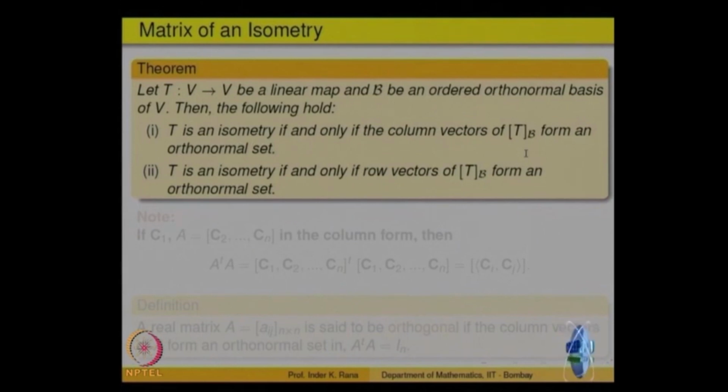Here, if the starting basis is orthonormal and T is an isometry, one can show that the column vectors are orthonormal: they are perpendicular to each other and the norm is equal to 1. That is a special property of linear transformations when you get their matrix with respect to an ordered orthonormal basis. We will not write the proof of that, but it is a very nice property.